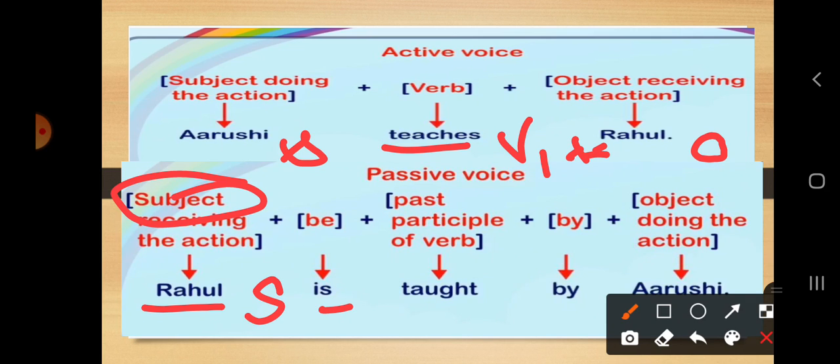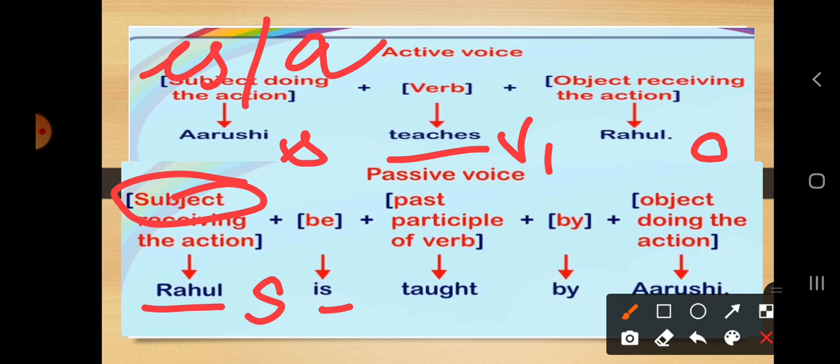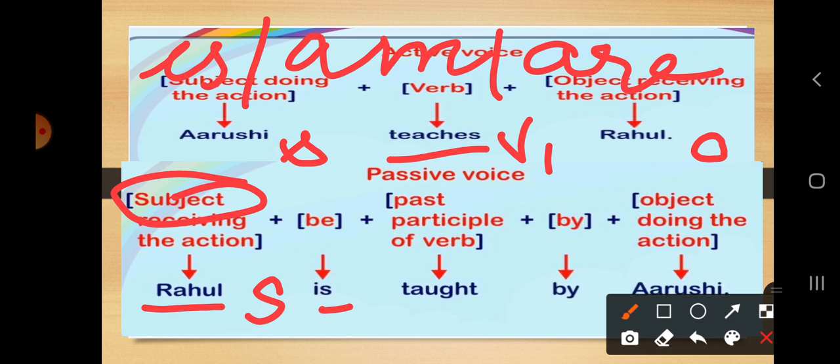That is the rule of present tense. So we will use helping verb of present tense, that are is, am, are. According to Rahul, we will use is here because he is singular.